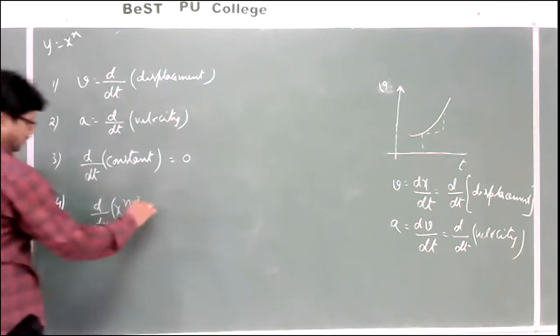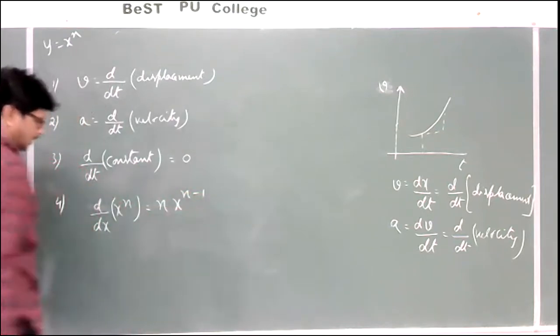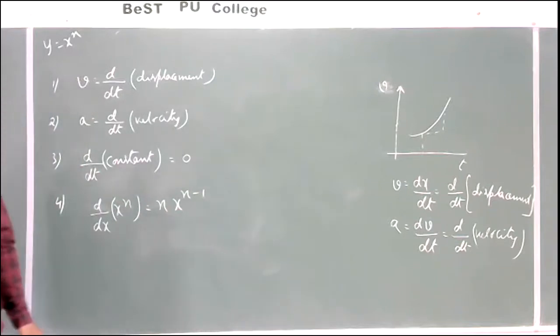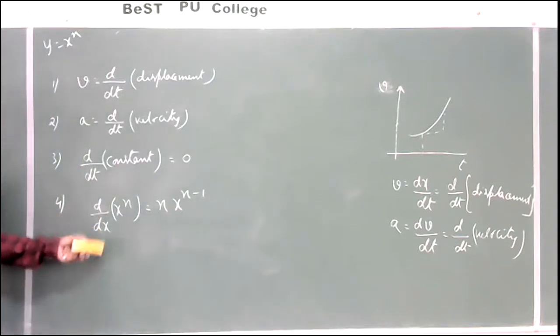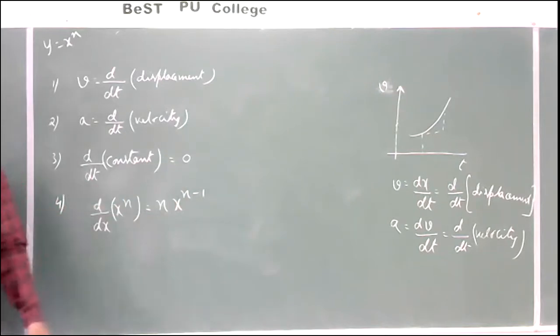Now the formula is n into x to the power of n minus 1.